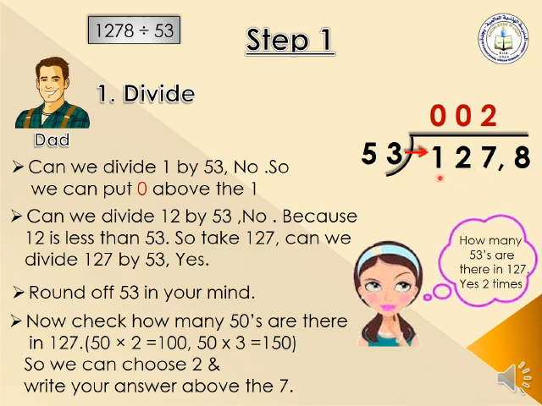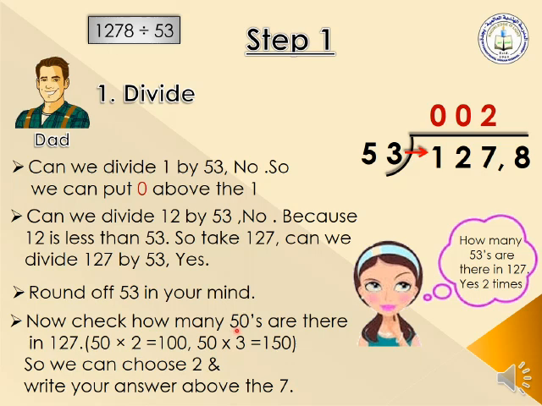Then how many times can we take 53 from this 127? We can check. This 53 table is a little bit difficult for you, right? So here is an easy method. You can take 50, which is near 53.